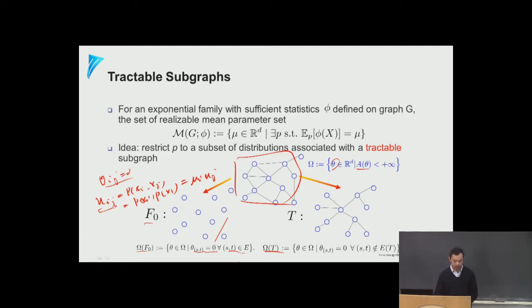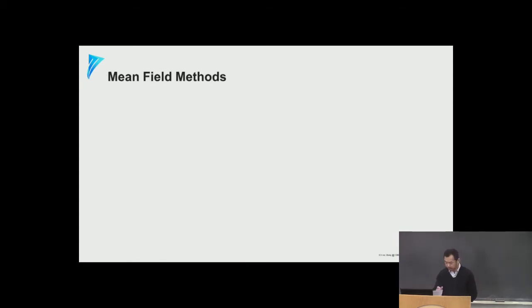That's a graphical approximation. And the graphical approximation translates to a geometric approximation to the marginal polytope in a certain way. Okay, so that's the key idea behind mean field approximation.